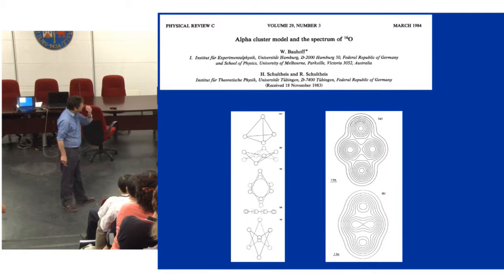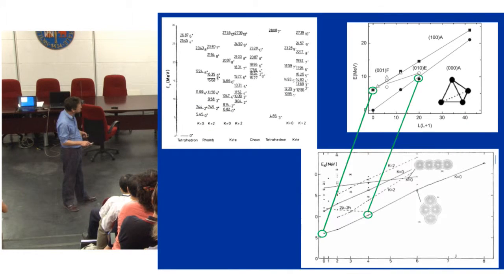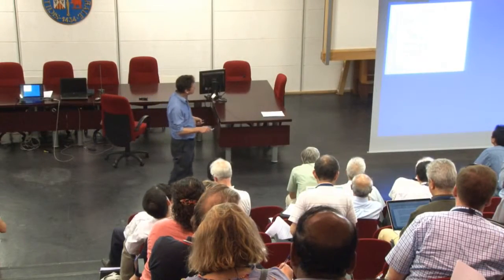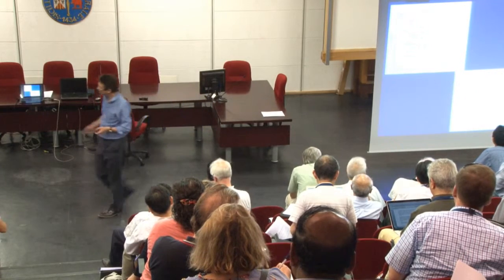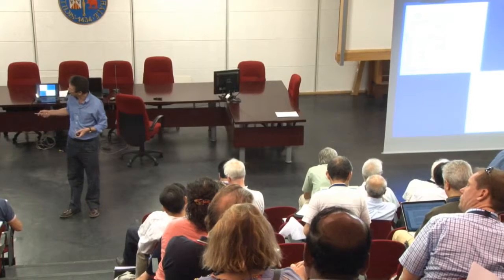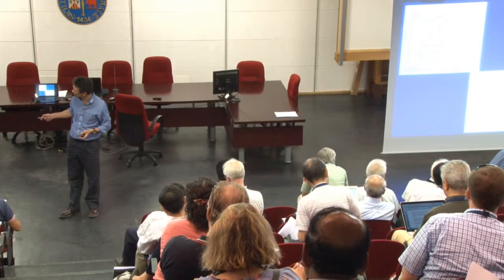Now, again, one can take the data motivated by the alpha cluster model and arrange them into rotational bands. So here's a tetrahedron, positive parity, negative parity, 0 plus, 3 minus, 4 plus, 6 plus. And then there are some bands here associated with what they call the kite configuration. And it's those bands that I want to come back to. Here you can see, again, the experimental data associated with those cluster configurations.